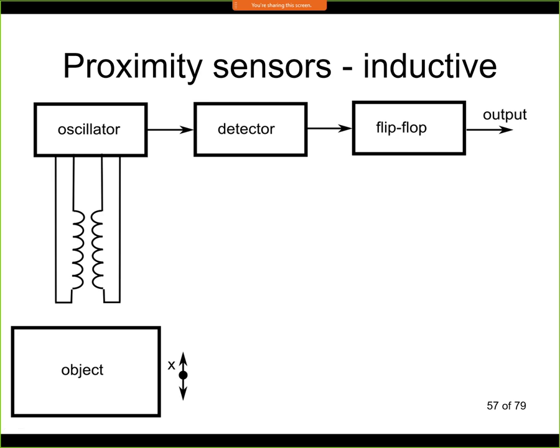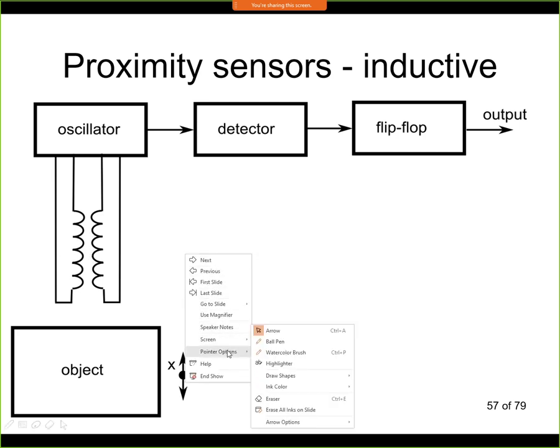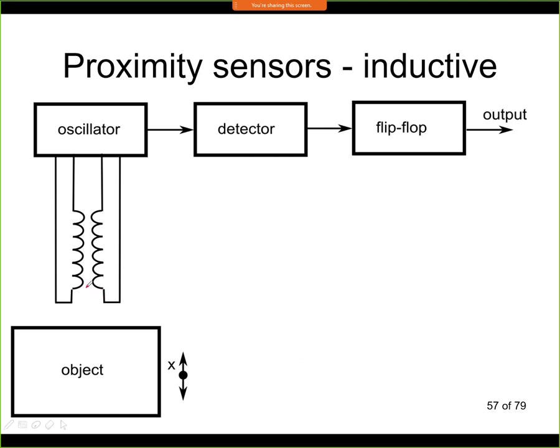So we are creating an AC current in the inductor, and this will create an AC magnetic field around the inductor. So here around this inductor there will be a magnetic field. You can imagine that the magnetic field can look like this. So this is one half of the field, and this is the second half. So this is how the magnetic field typically looks.